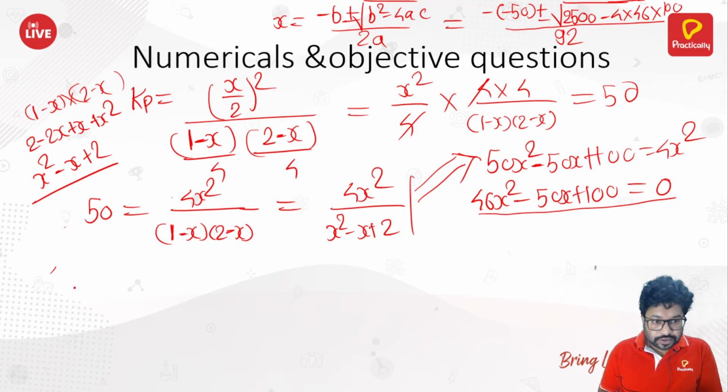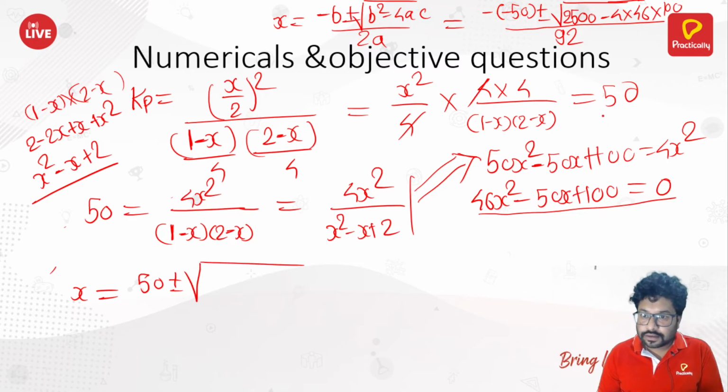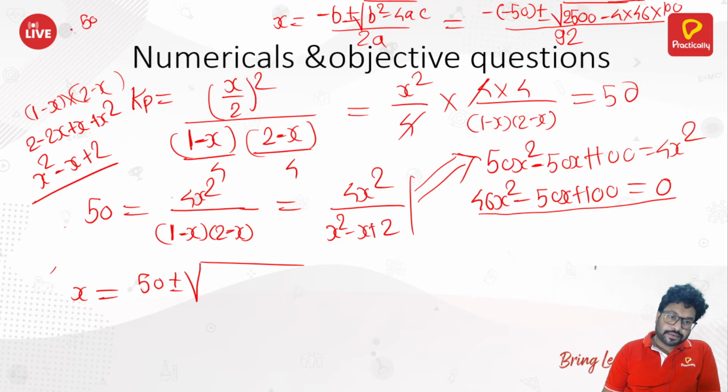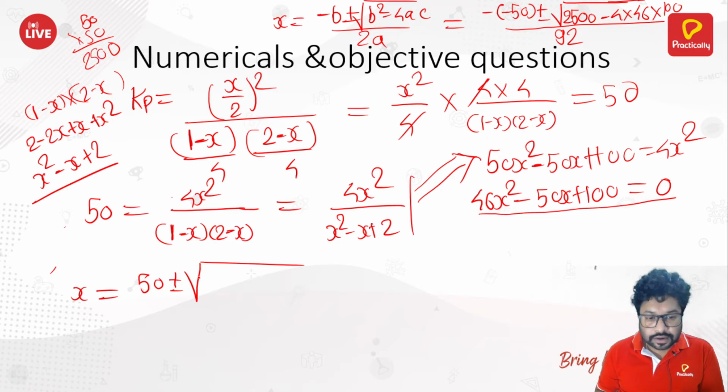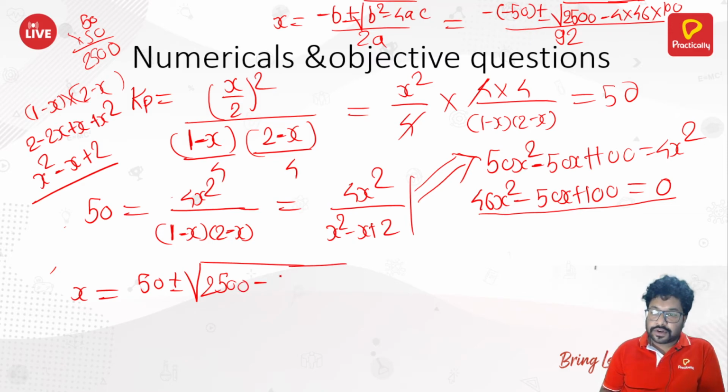So yeah, you can get x is equal to 50 plus minus the square root of 50 square. Let's calculate it. 50 into 50, 2500. Yeah, so I was right. 2500. Yes. Now minus 46 into 4.